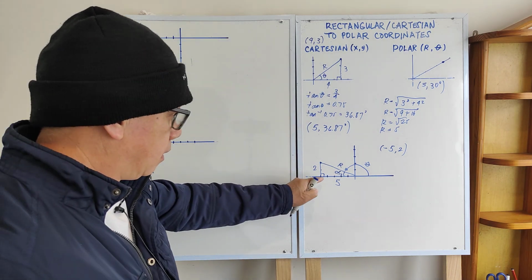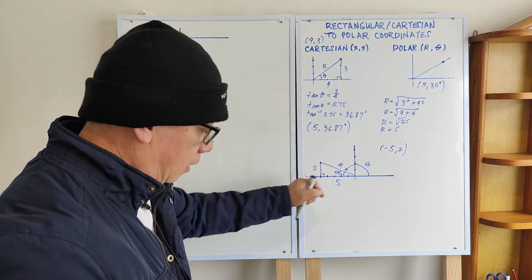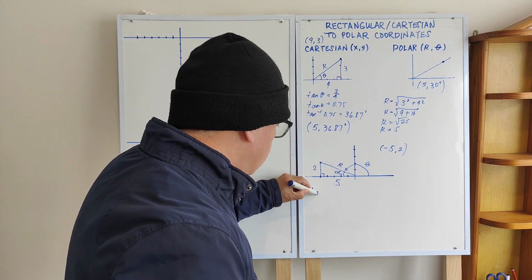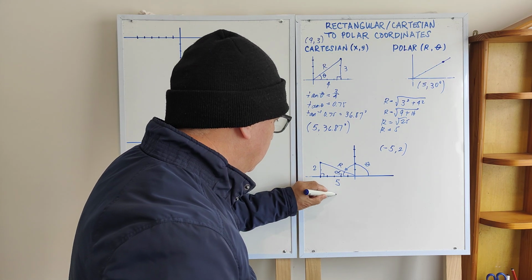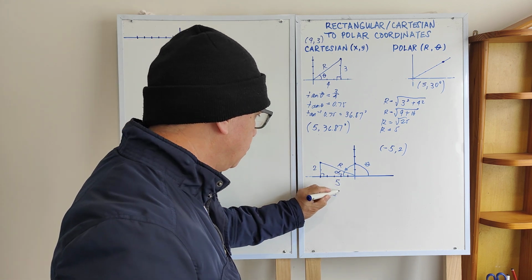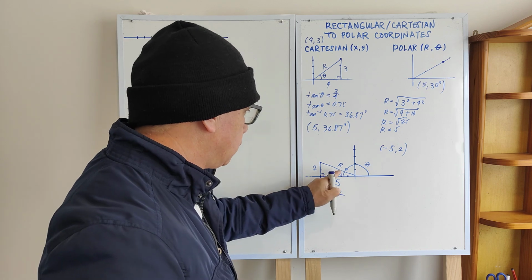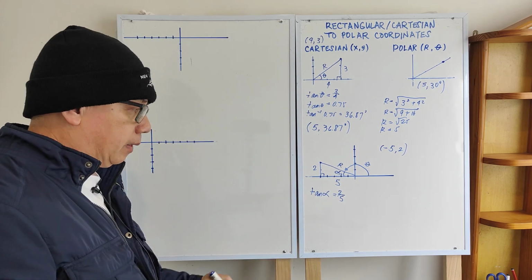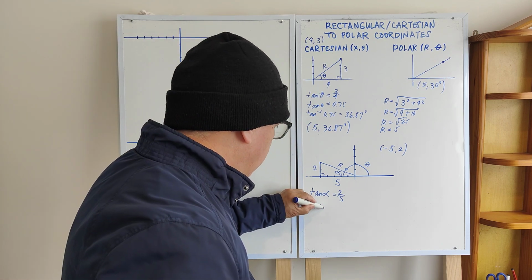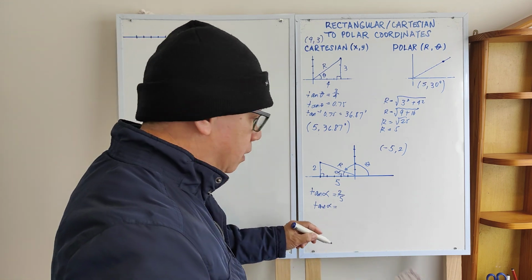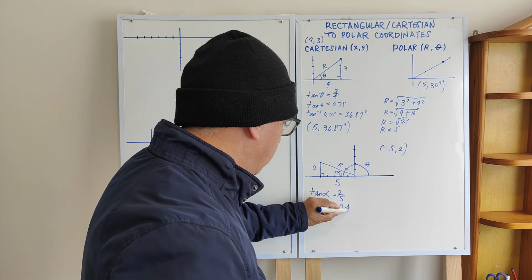So we can solve for alpha first. Tangent alpha will be opposite over adjacent. What's opposite alpha? Opposite is 2. Adjacent to this is 5. So tangent alpha is 2 over 5, or 0.4.